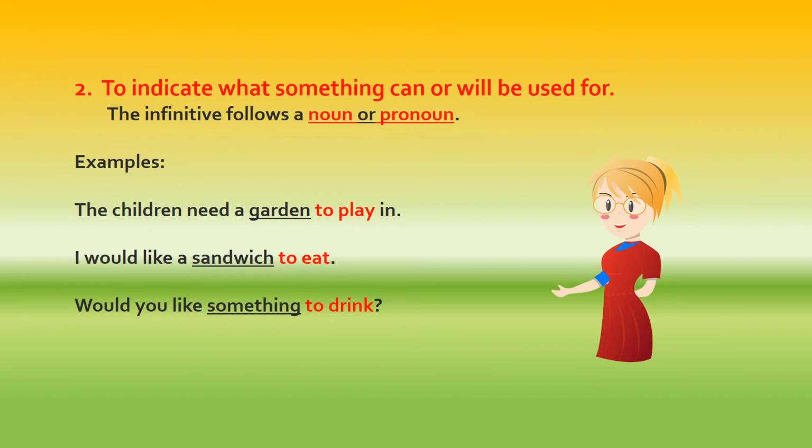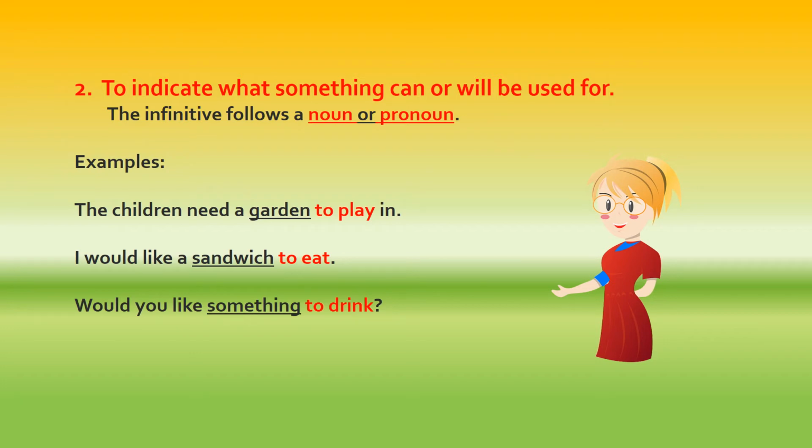All right. Infinitives also indicate what something can or will be used for. In this case, the infinitive follows either a noun or a pronoun. Take a look at the example sentences. In the first sentence, the children need a garden to play in.